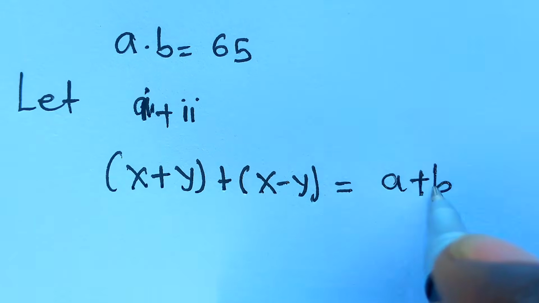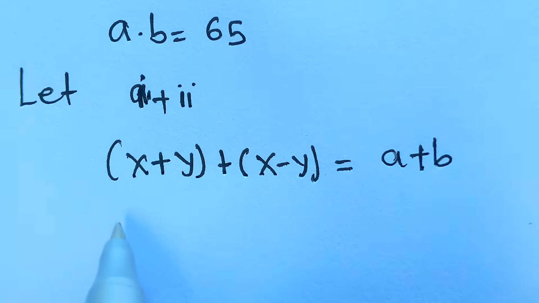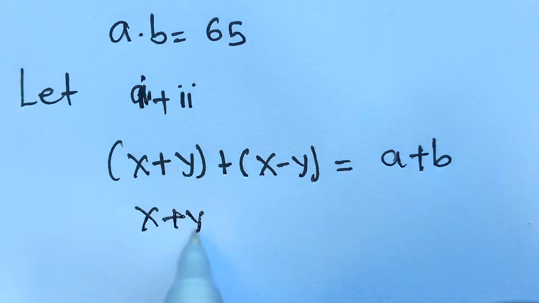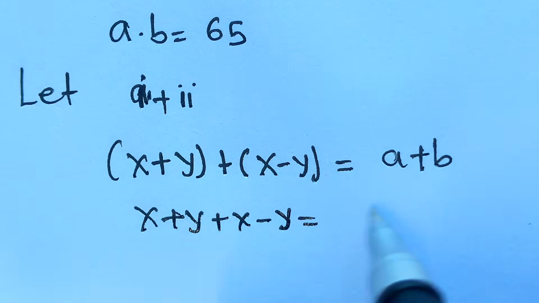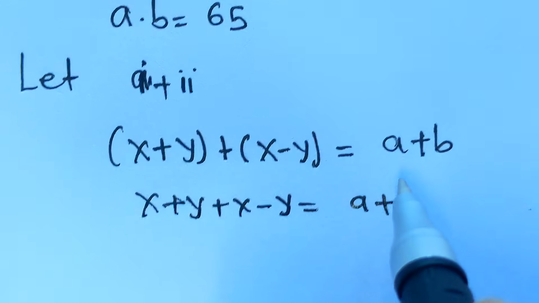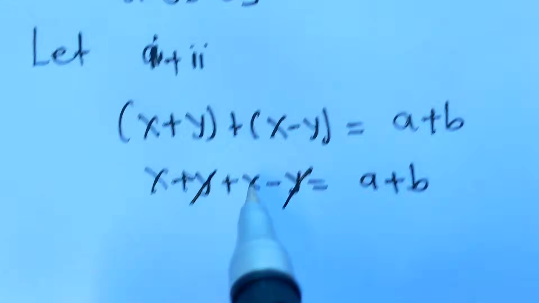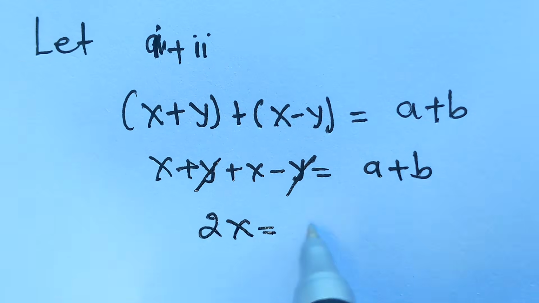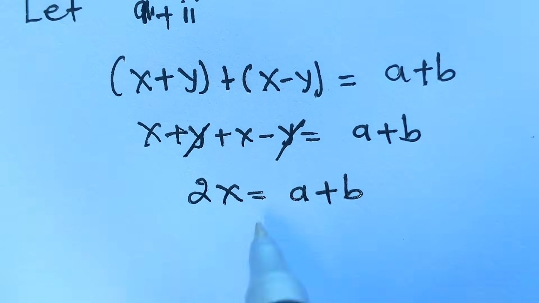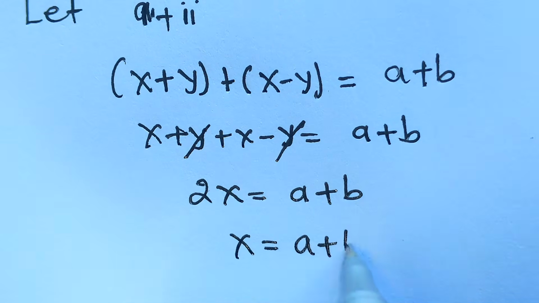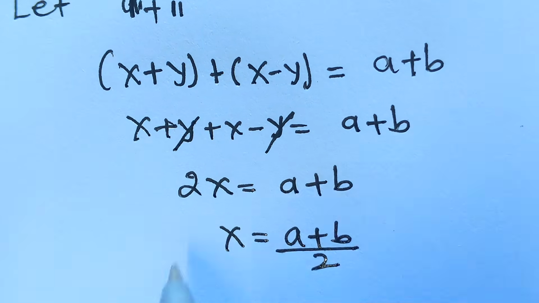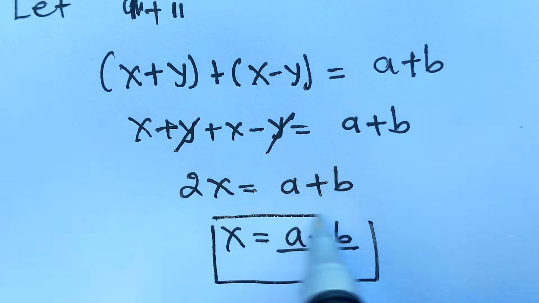If we add, we get x plus y plus x minus y equals a plus b, where the y terms cancel to get 2x equal to a plus b. Of course, x will be (a plus b) over 2.